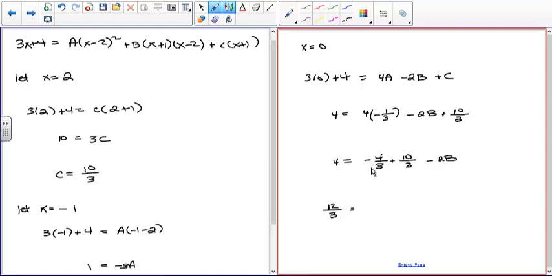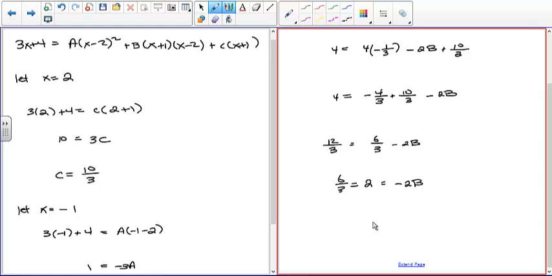Here we have negative 4/3 plus 10/3, which is 6/3 minus 2b. If we subtract 6/3 from 12/3, we'll get 6/3, which is 2. That's equal to negative 2b, and divide by negative 2, you get b is equal to negative 1.